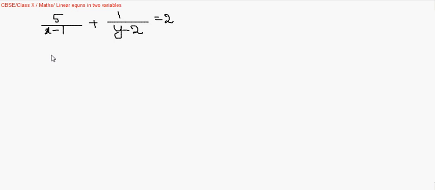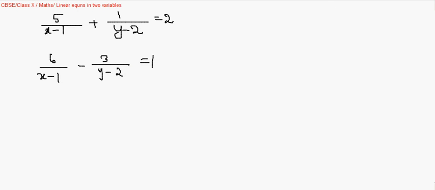And the other one is 6 by x minus 1 minus 3 by y minus 2 equals 1. These are your equations for you to solve and find the values of x and y.